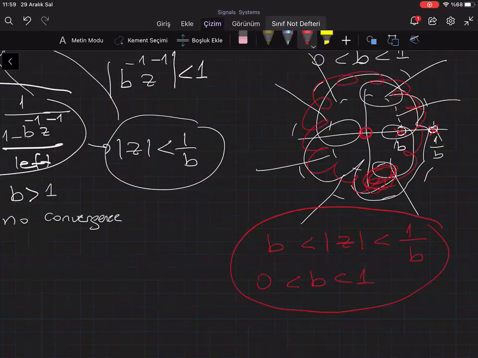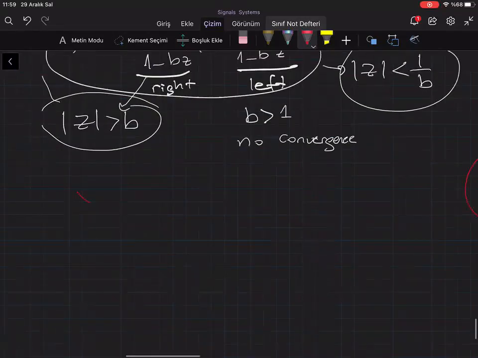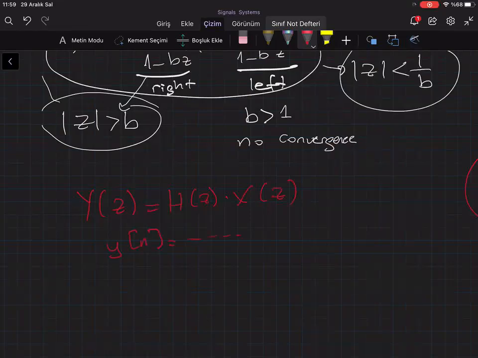I'm done with the recitation for this hour. I'm going to continue on Thursday. I want you to grasp the main ideas. I'm going to try to connect the Z transform with some other problems, not only finding Z transforms and ROCs, but I want you to understand this, like Y of Z is equal to H of Z times X of Z. And I'm going to write Y of N is equal to something like X of N plus something like that.